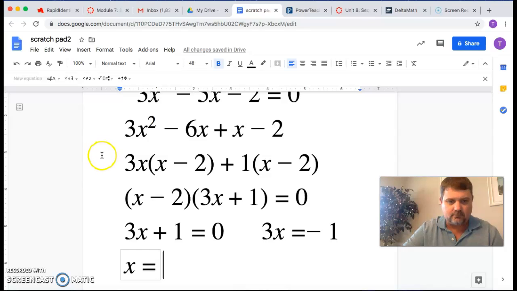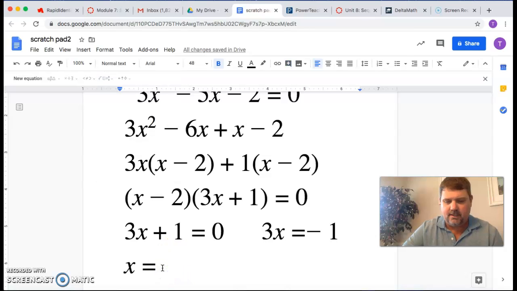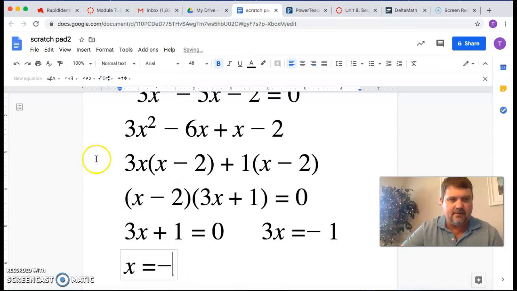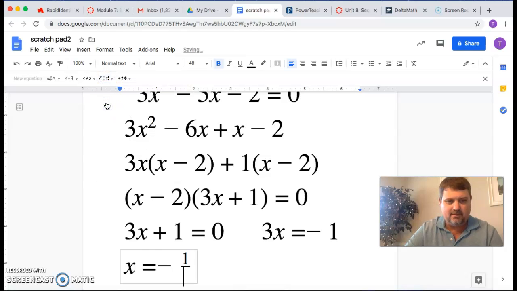Negative, oh, this thing has a goofy fraction feature here, so you'll have to forgive this. Watch this. Yeah, negative 1/3. And that's what you'd have. Okay. And again, they would put these in those set notation brackets.